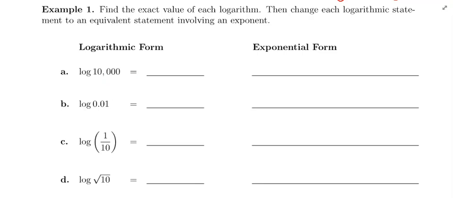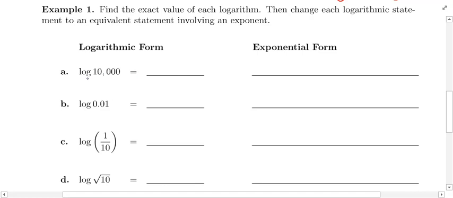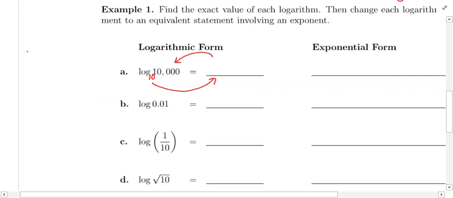When you see this log of 10,000, the answer is going to be some number. We've got to figure out which number it is. So remember what you're going to do. You're going to say, my base is 10. 10 to what power is going to give me 10,000? Well, 10 to the first power is 10. 10 to the second power is 10 times 10, that's 100. 10 to the third power is 10 times 10 times 10, that's 1,000.